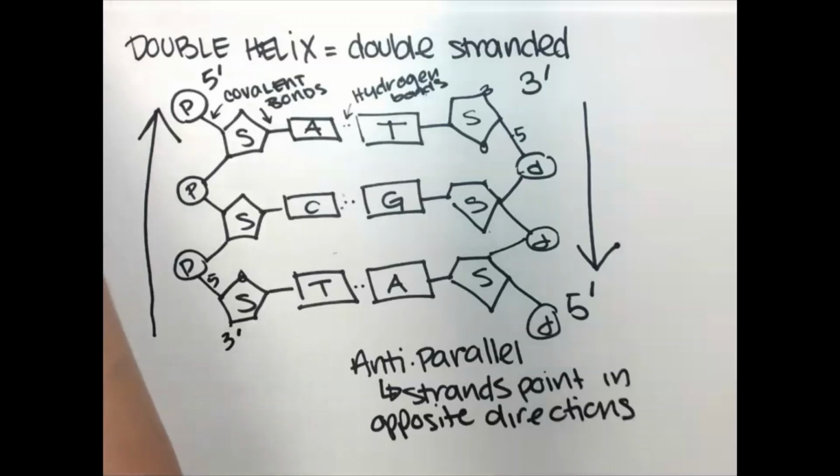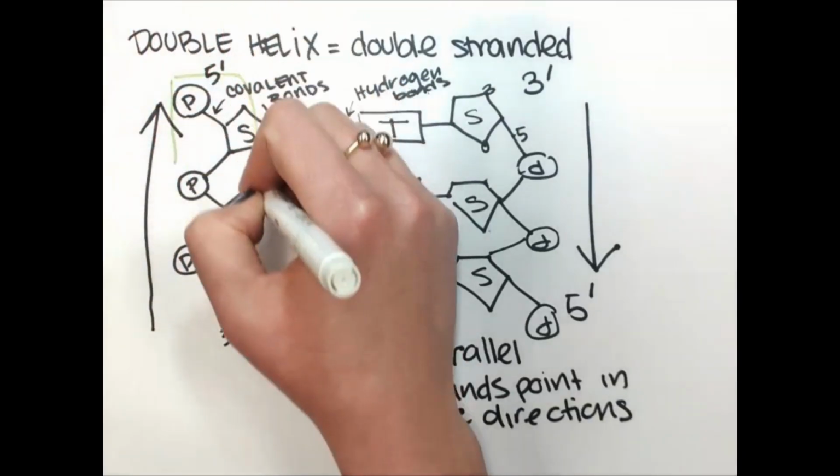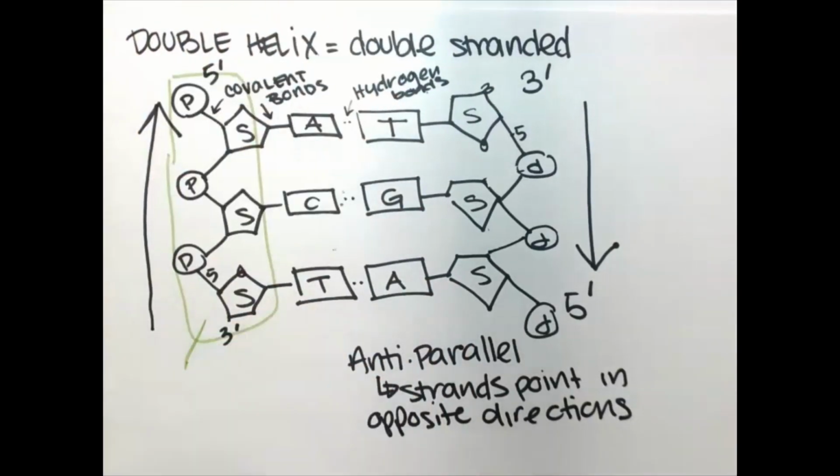All right, a couple of other things. So we've got our hydrogen bonds. This right here we call the sugar phosphate backbone.